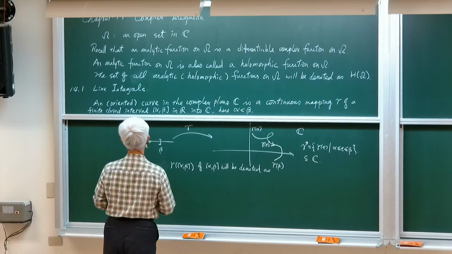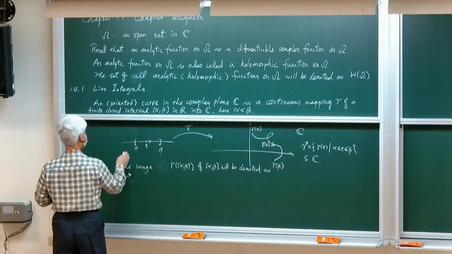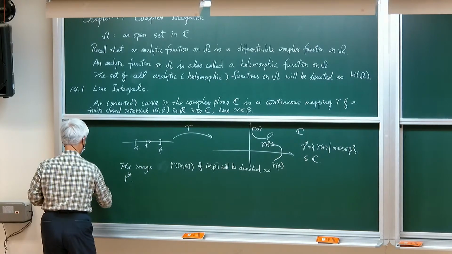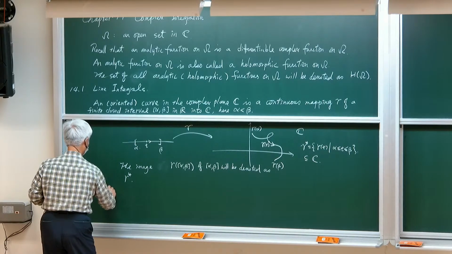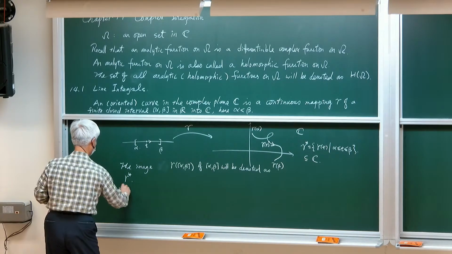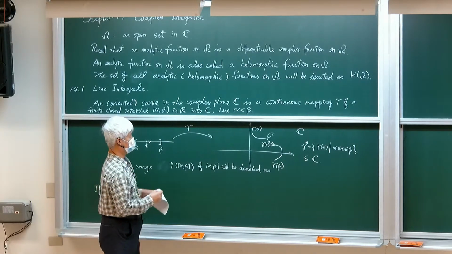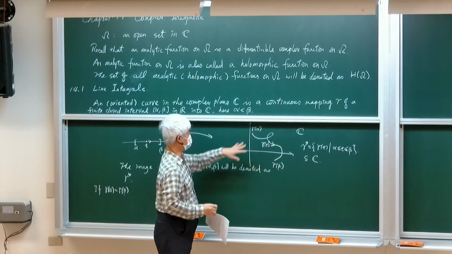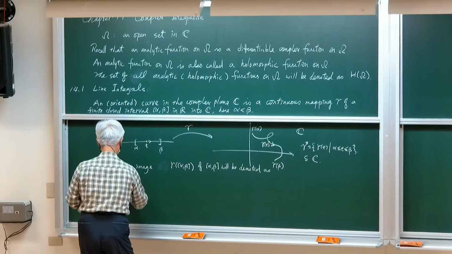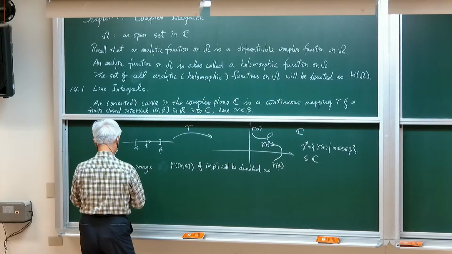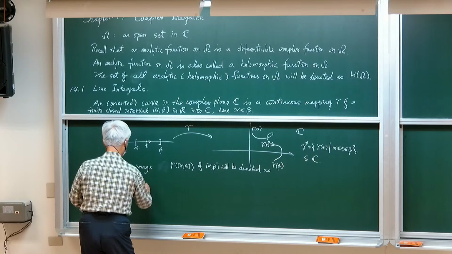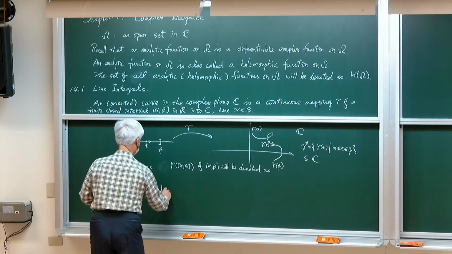All right. Now, this curve, if the two endpoints are equal, then gamma is called a closed curve.